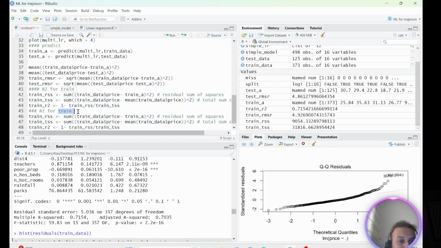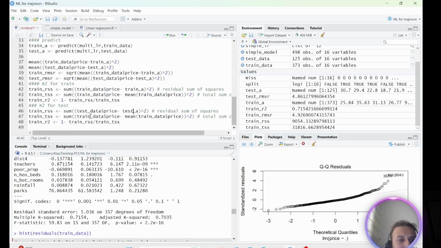If you need to calculate the r square for the test, it is the same, but you calculate it for the test data and compare between them. So you just change from train to test: this is test A, and you give it the test data everywhere where there was train data.